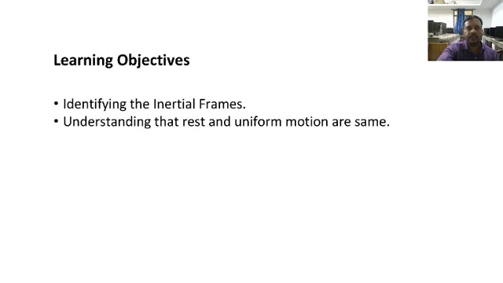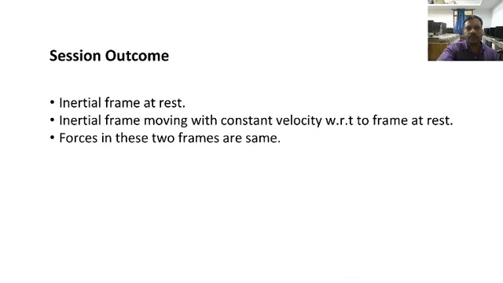In the present session, we try to concentrate on identifying the inertial frames and understanding that rest and motion are the same. The outcome of the session will be: inertial frame at rest, inertial frame moving with constant velocity with respect to the frame at rest, and forces in these two frames are the same.